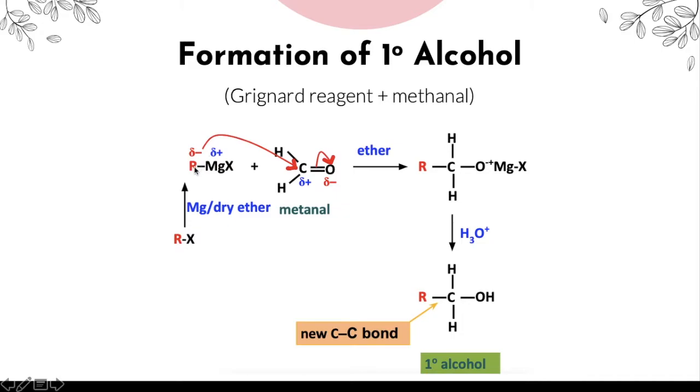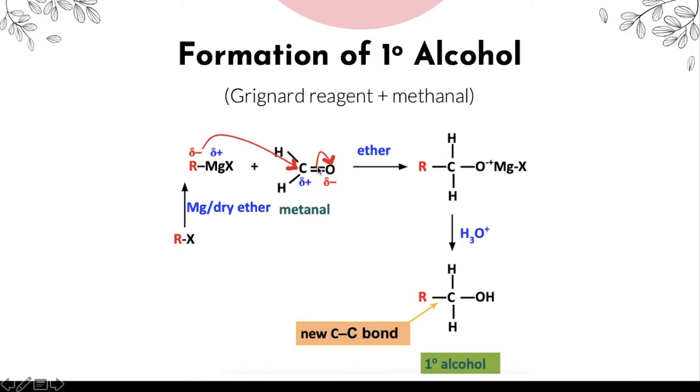The R group, delta minus, the more electronegative R group in Grignard reagent, will attack the slightly positive carbon in methanal. One bond of the double bond, the 2 electrons in this bond, will be given to the oxygen, and this oxygen will have a lone pair.